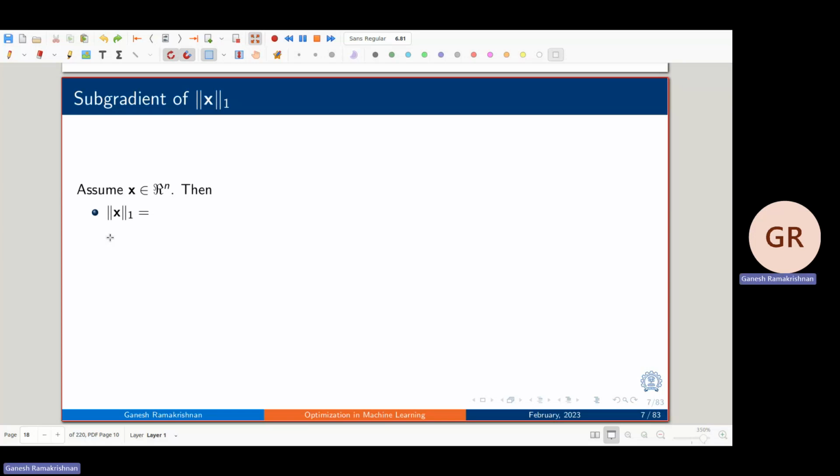Sum of all absolute values of x_i's. You'll get the absolute value if you consider -1 or +1, whichever gives the best max value. Is this clear? Please make sure. This is very simple.